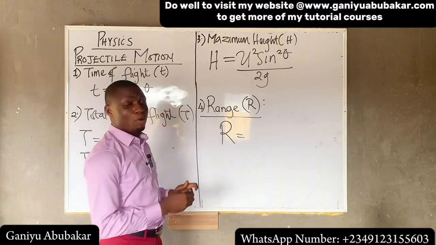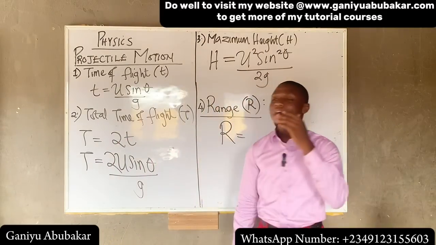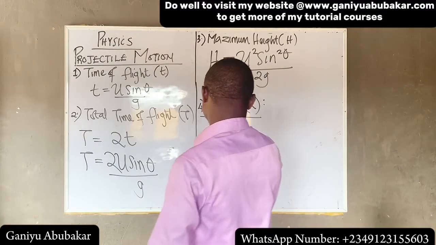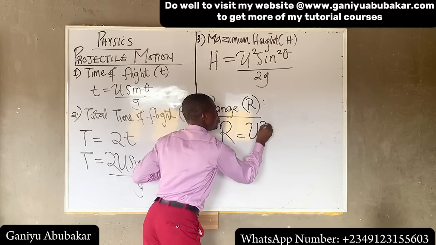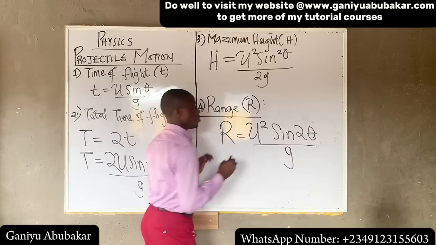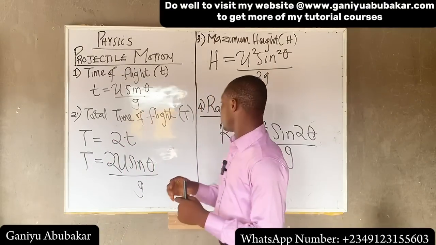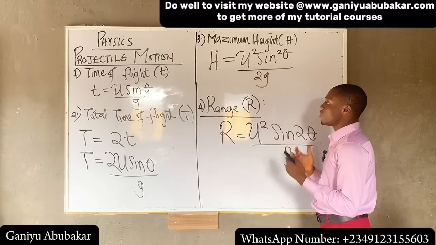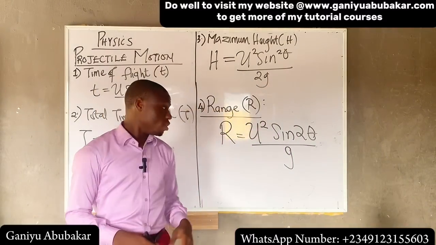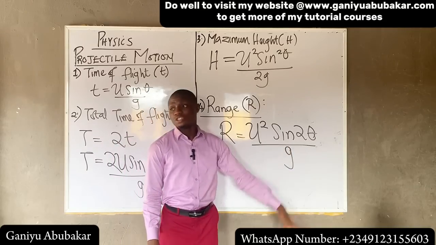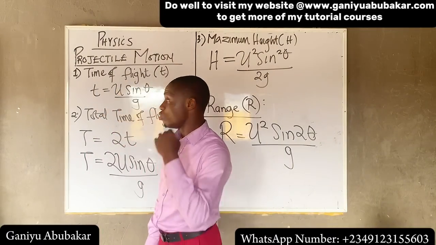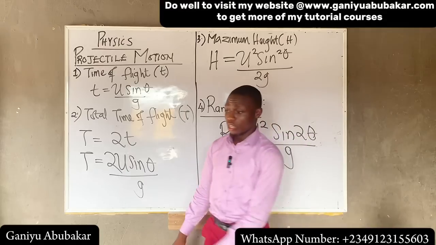Mathematically, R is equal to u square sine 2 theta over g. These are the four important formulas you need to know for projectile motion in JAMB.